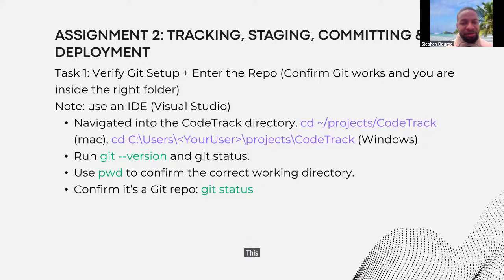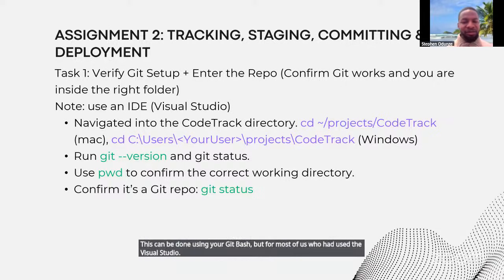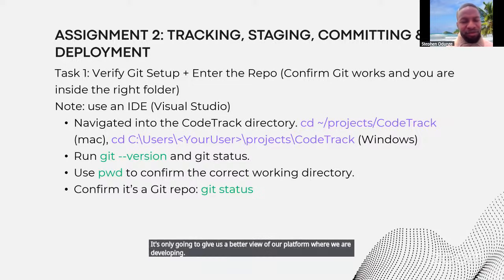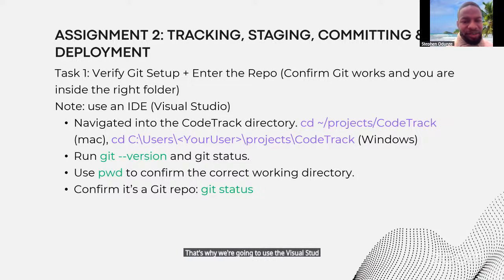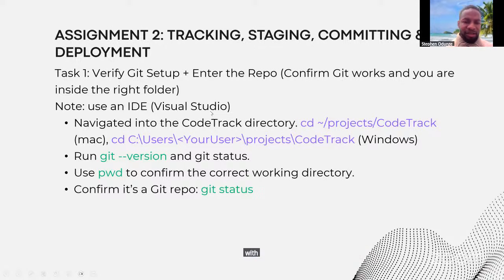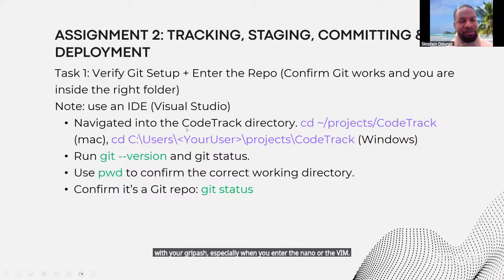This can be done using your Git Bash, but for most of us who have used Visual Studio, it's only going to give us a better view of our platform where we are developing. That's why we're going to use Visual Studio for better clarity. But all these configurations can still be done with your Git Bash, especially when you enter the Nano or the Vim platform to do your edits and save.